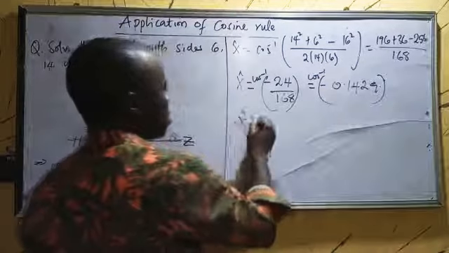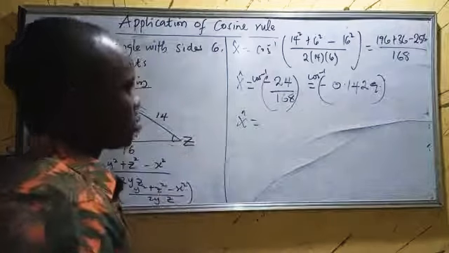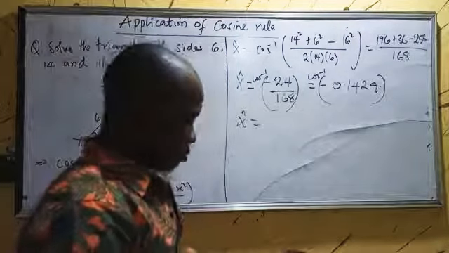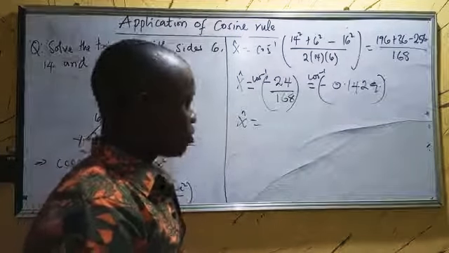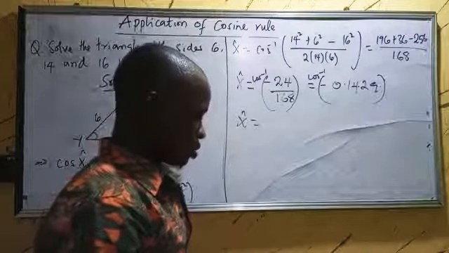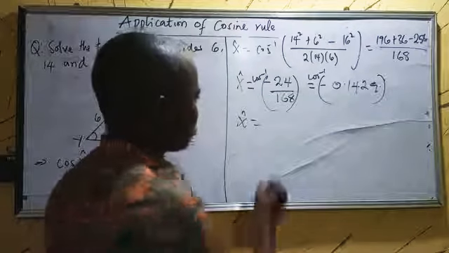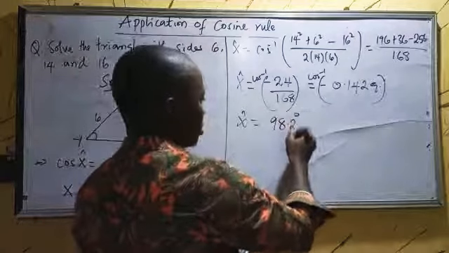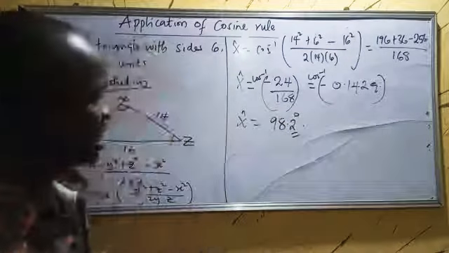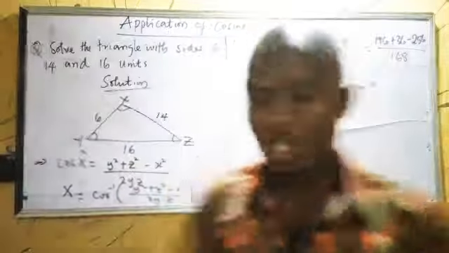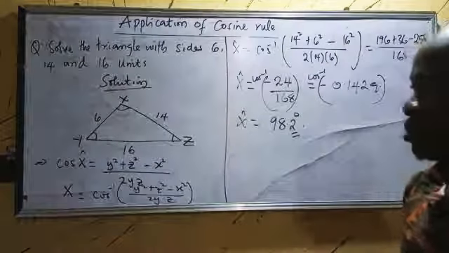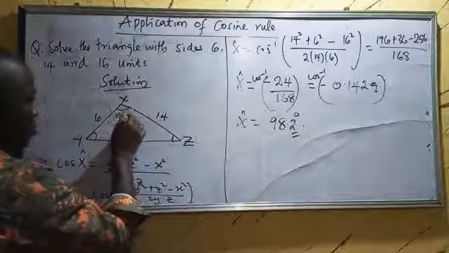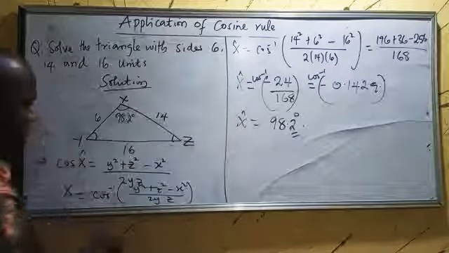So the cos inverse of minus 0.1429 gave us 98.2 degrees. Can you see that? That is the value of x. So therefore this angle is 98.2 degrees. Are you getting this now?